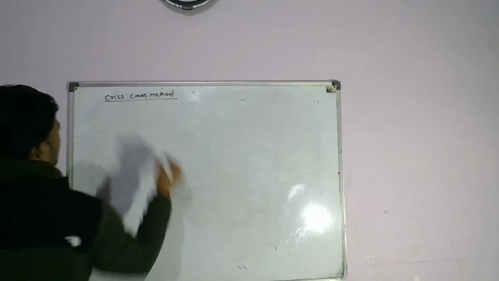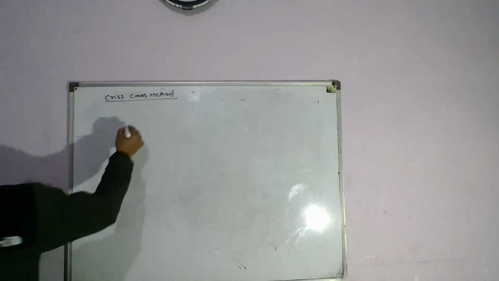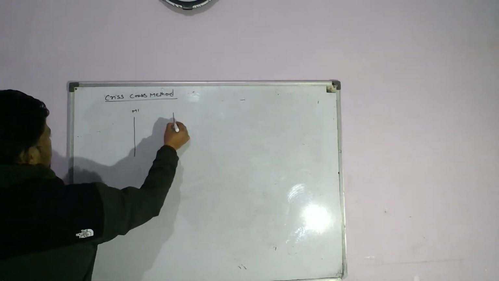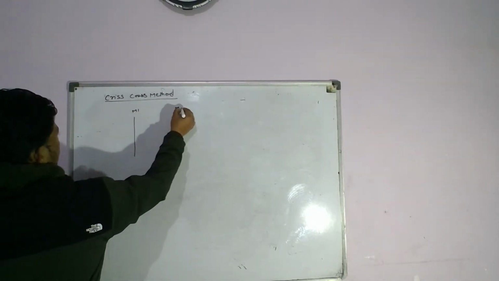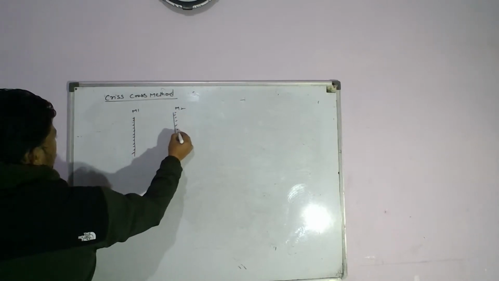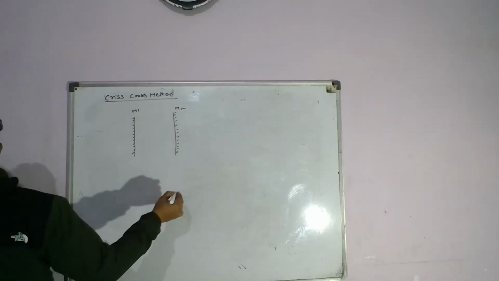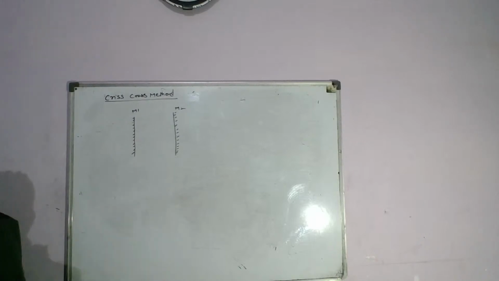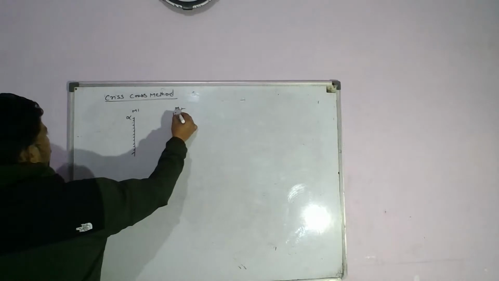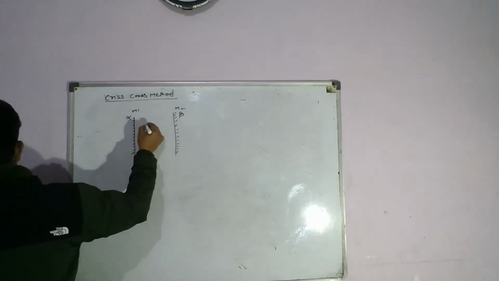So just understand. Let us suppose this is your mirror M1, and this is your mirror M2. Listen carefully. Suppose the object is in between here, and this is alpha, beta.